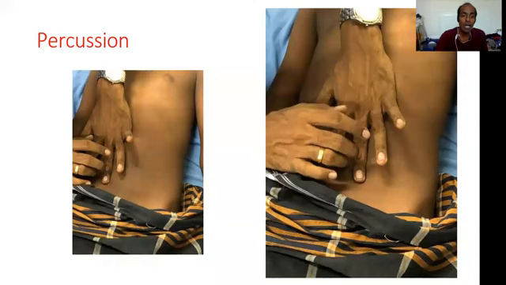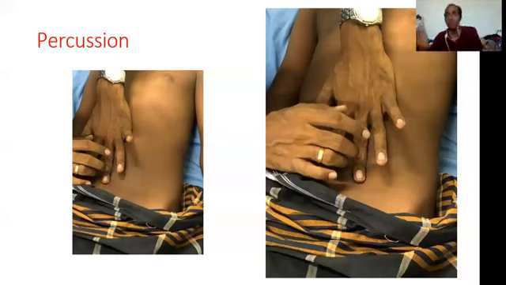Basically the idea of percussing is you're looking for free fluid in the abdomen. Now remember, you have already done some percussion up to this point. You have already percussed for the liver and the spleen. If you find masses, you would already do that percussion. So this section of the examination is specifically focusing on your percussion for free fluid in the abdomen.